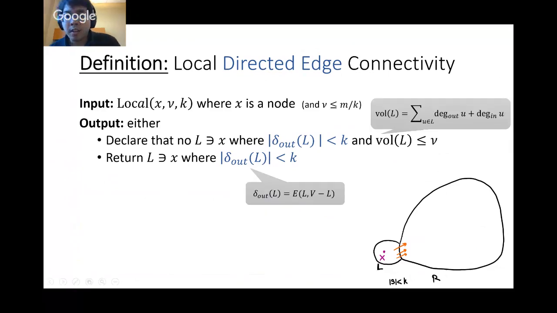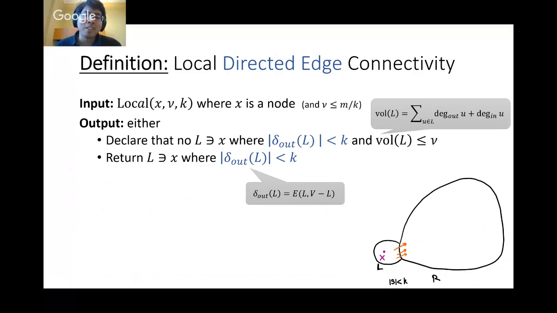And the volume here, again, just to remind you, this is the directed graph, and I define the volume to be just the sum of out-degree and in-degree. Okay, so this is almost the same problem, and it is using the standard reduction.